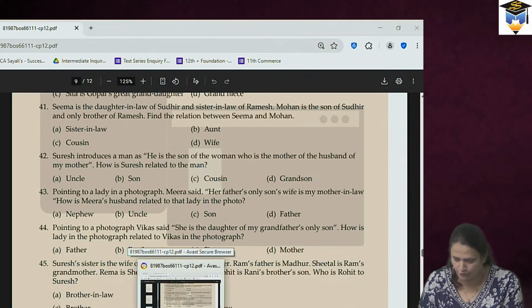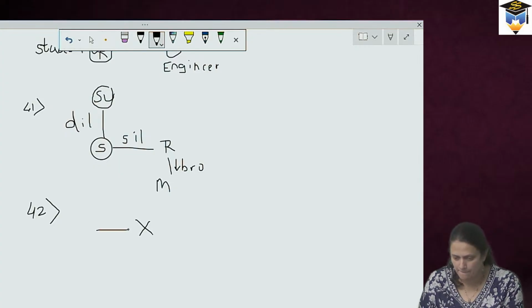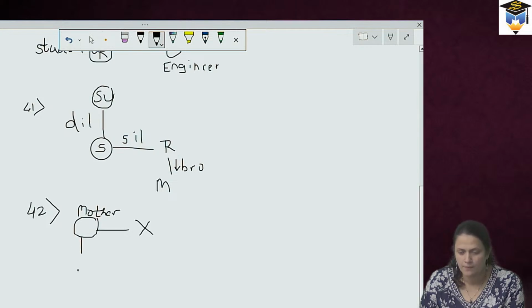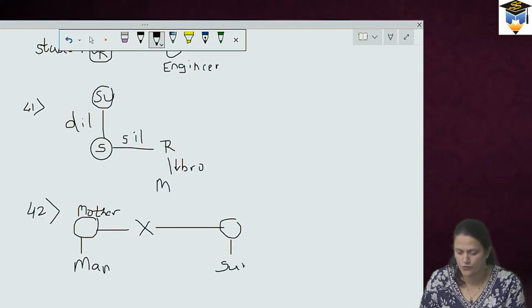Who is the mother of husband of my mother? The man is her son. Again the mother who has a son Suresh. And these two are husband and wife.